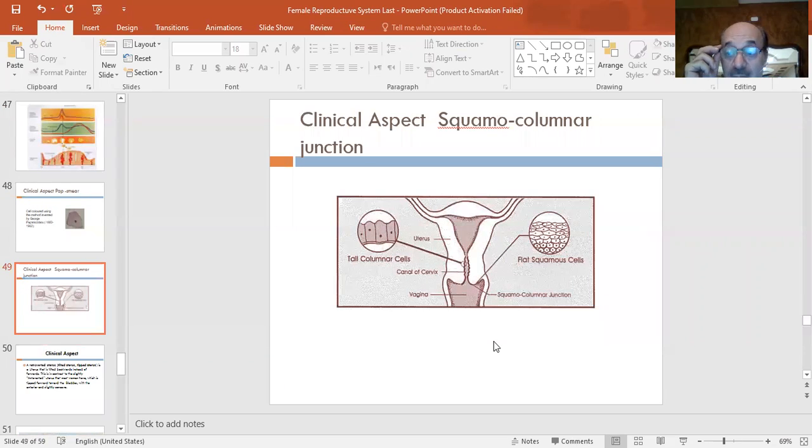Scientists have discovered a very simple way, what we call a cytological exam: just take a swab from that region and subject it to the Pap smear exam, which can easily identify early carcinogenic transformation. So if you can diagnose it early, then the treatment is much better.